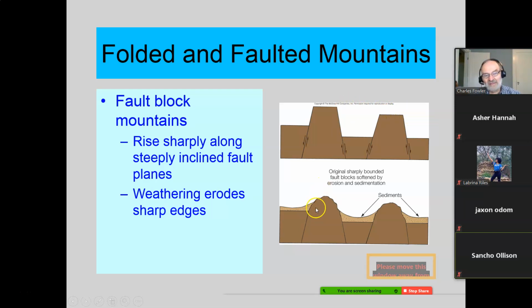So you get a little more rounded peaks, a bit shorter peaks, and especially they appear shorter because the residue from them has then added to the valleys, so the difference between the valleys and the mountains is less. They were greater back here, less here, because not only have sediments built up in the valleys, the peaks have worn down, the sharp edges especially. Okay, so that shows basically if the faulting is still happening, they can be pretty jagged.